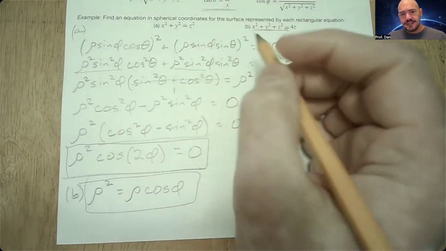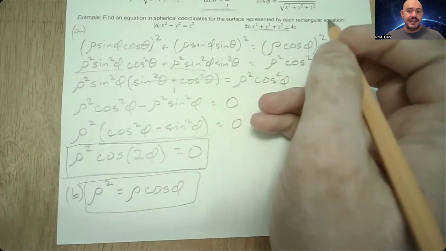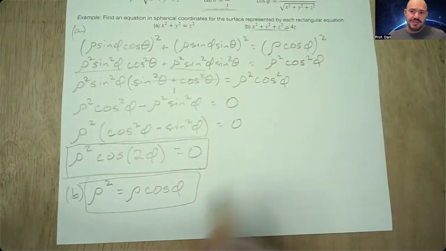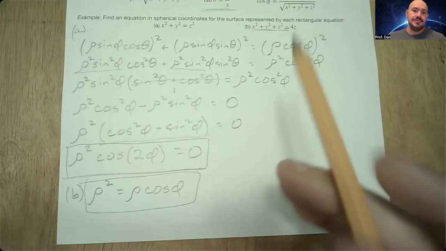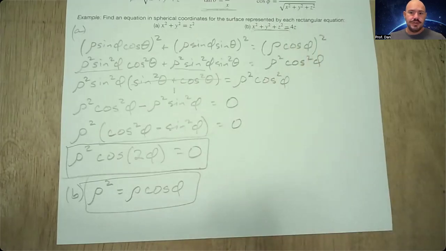Now, if you had something in the equation that already gave you that domain restriction, then it would be fine for you to divide by rho. But in this case, we're assuming that rho equals 0 is part of the domain. So we don't want to divide by rho because that would introduce a restriction, right?